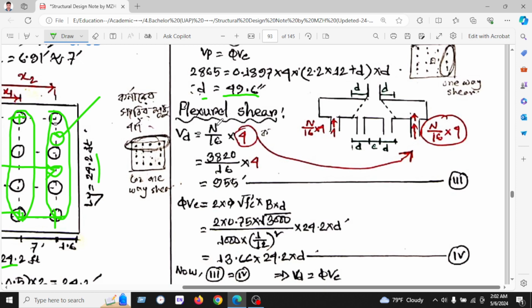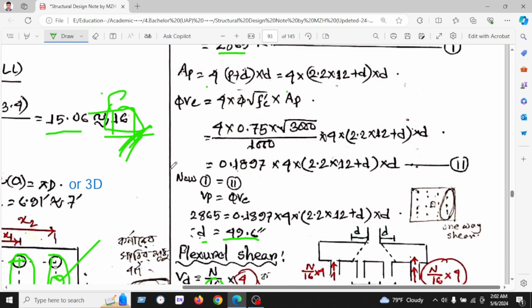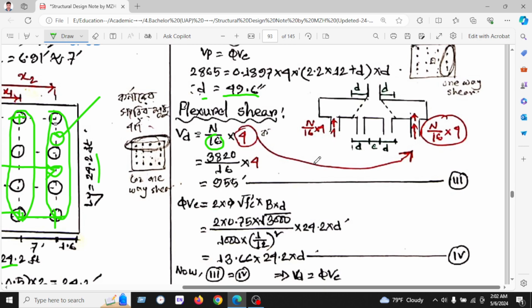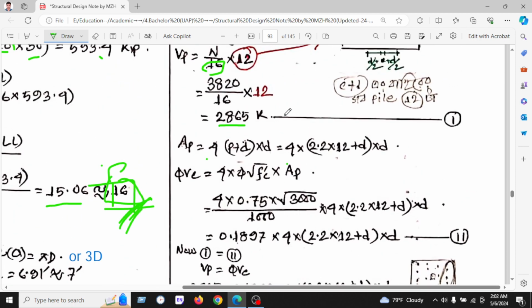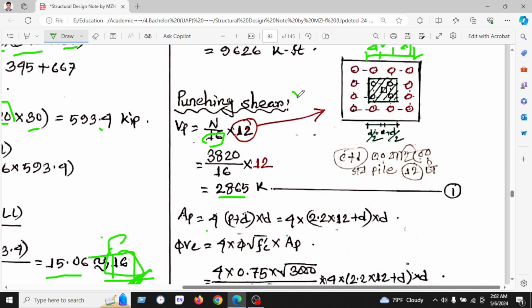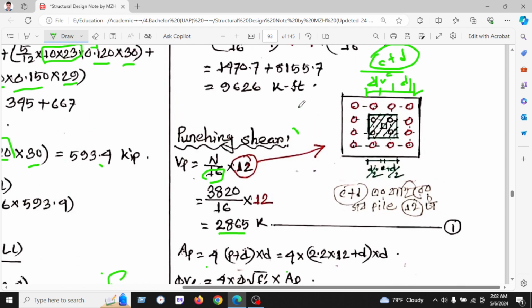Now we will see the flexural shear. We know the total load and the total number of piles, here 16, and 4. Why have we found this 4? The flexural shear is found at a distance of D. On the other hand, the punching shear is found at C plus D, or D by 2, at a distance of D by 2.